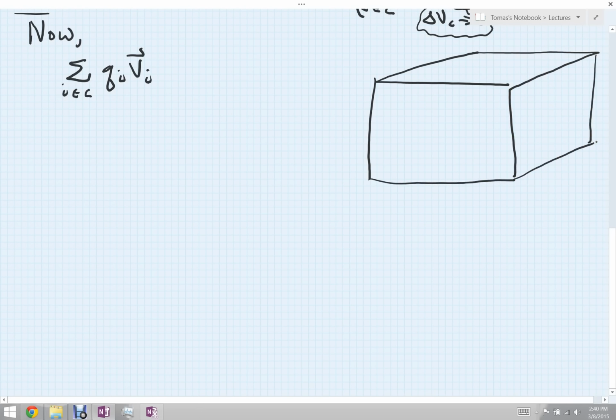As I draw this and I think about it, there may be different types of particles inside of my material. I might, for instance, have some positive charges that tend to be going off in this direction. Maybe there's an electric field driving them in that direction. So I might have all these positive charges more or less moving in the same direction because they are one particular type of charge in the system.